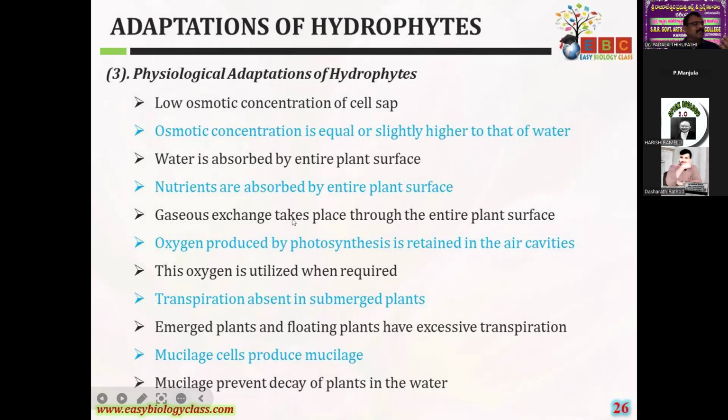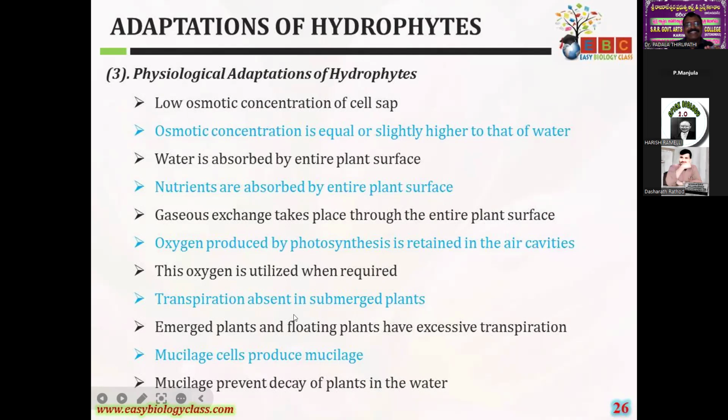Gaseous exchange also takes place through the entire plant surface. Oxygen produced by photosynthesis is retained in the air cavities or air chambers. This oxygen is utilized again when required. The main function of aerenchyma or air chambers is to store oxygen or gases, which they can utilize when required.